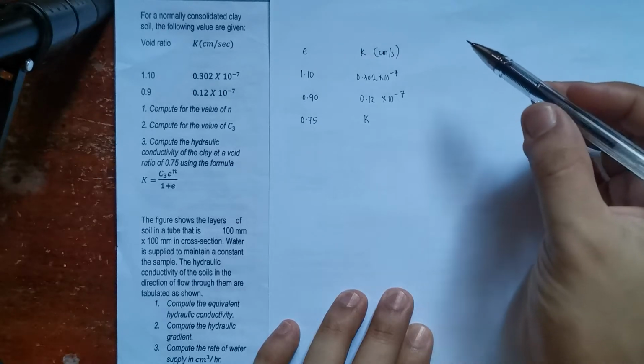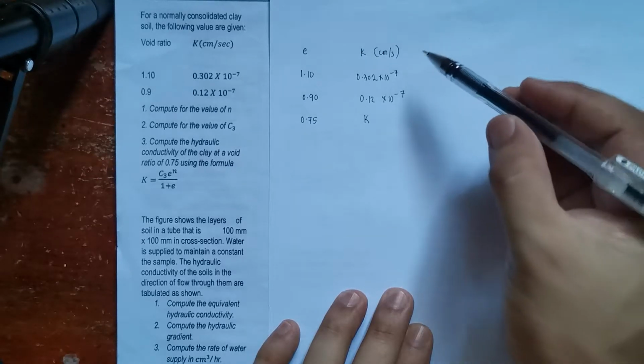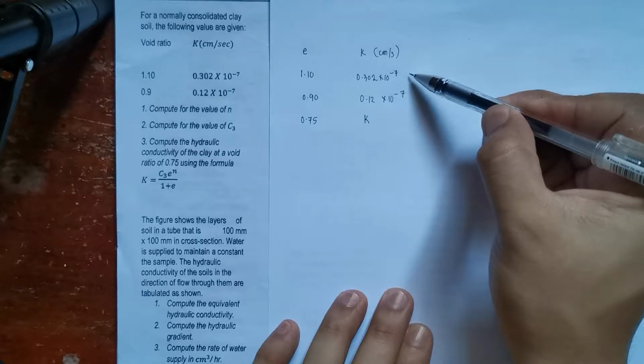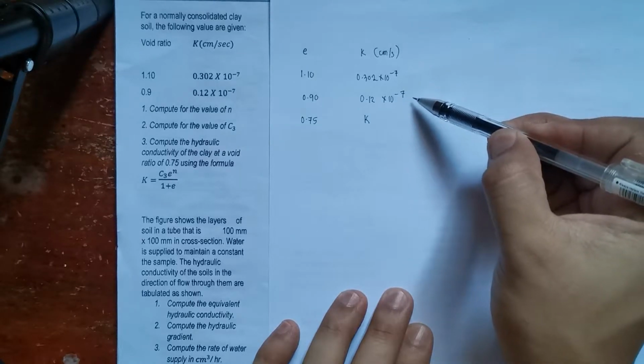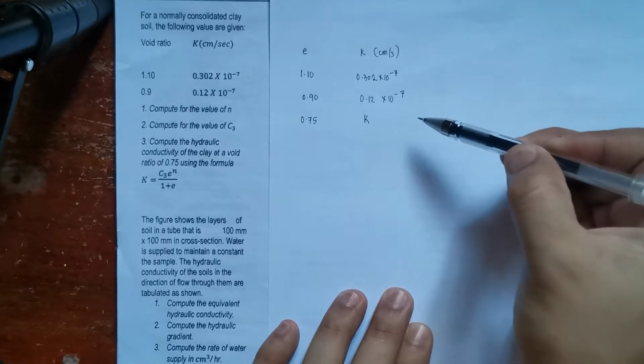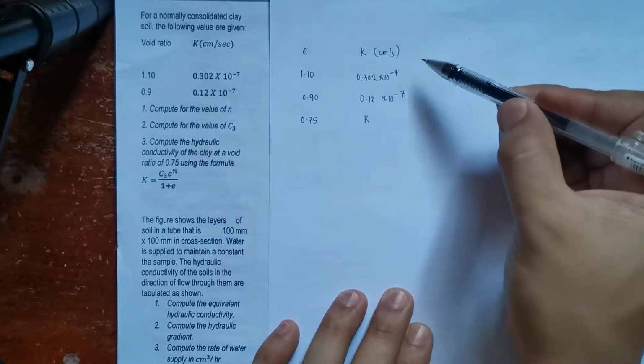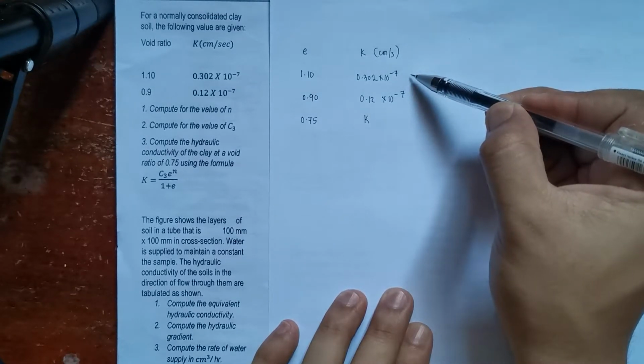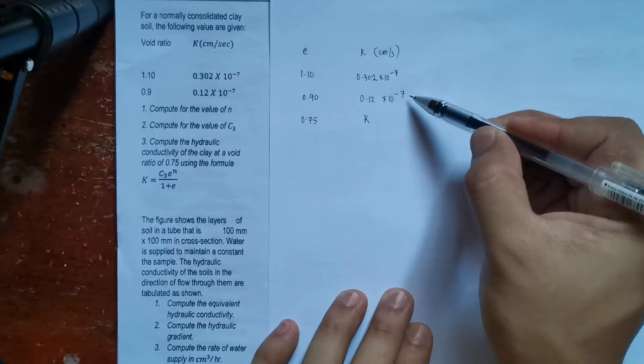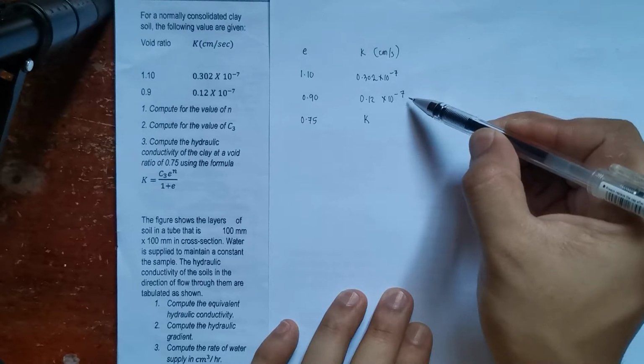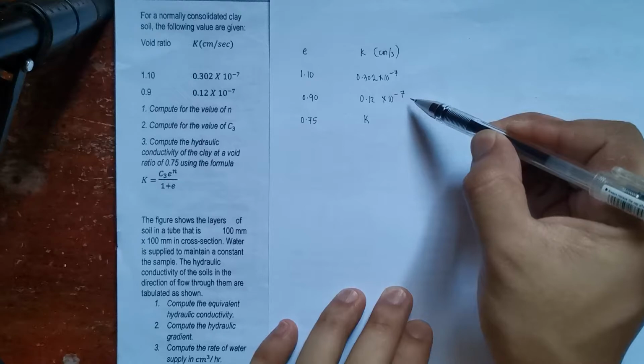So, ibig sabihin nun, we can equate yung value ng C3 sa first values natin, and then yung value ng C3 sa second values, and so on. Same with N. We can equate N sa ating first values, and then yung ating value ng N dito sa ating second values.